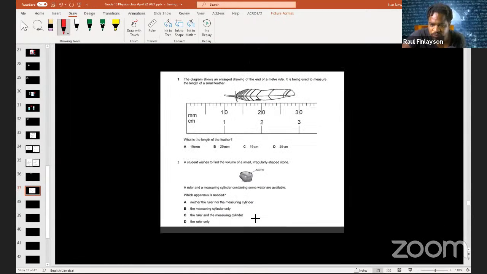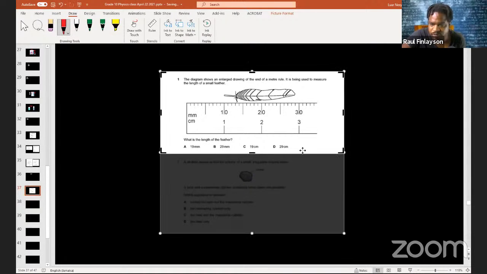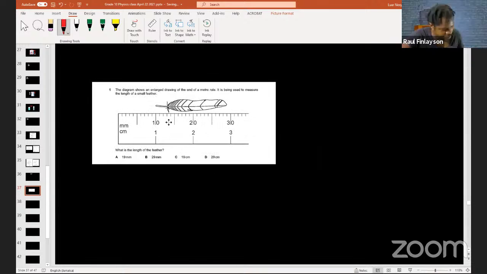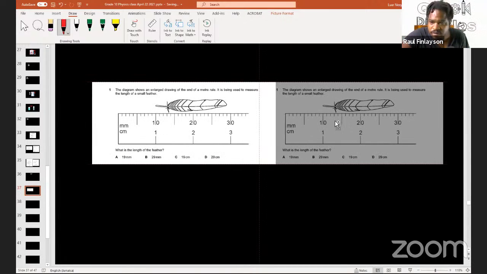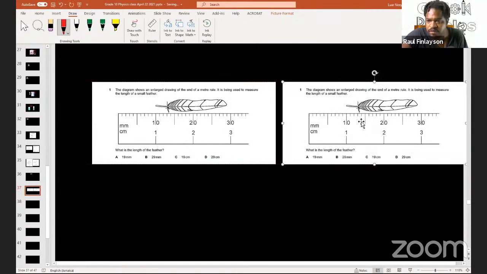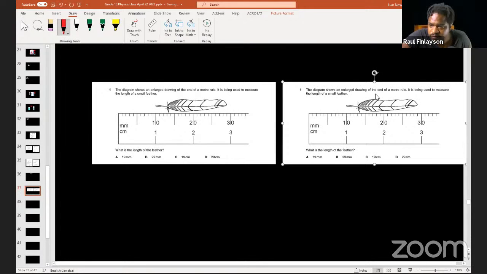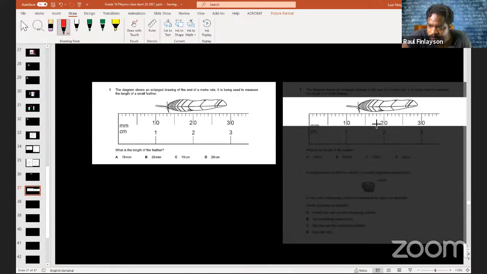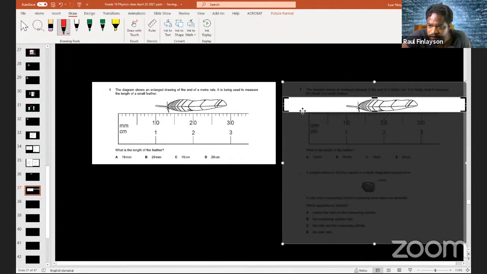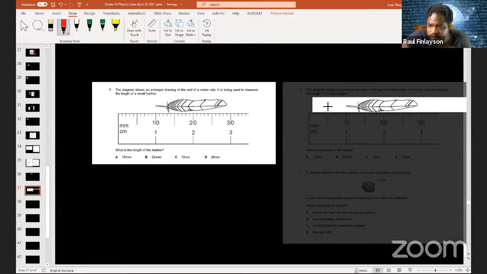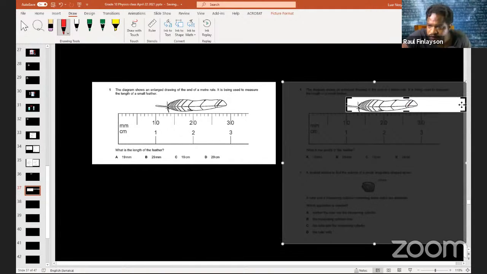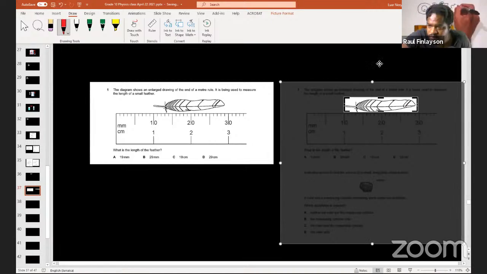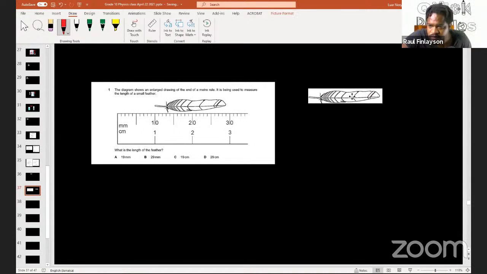I'm going to see if the answer is really 29. I like a trick like this, and now I'm going to cut that and cut this, so we just have the feather by itself. All right, so this is the feather by itself.